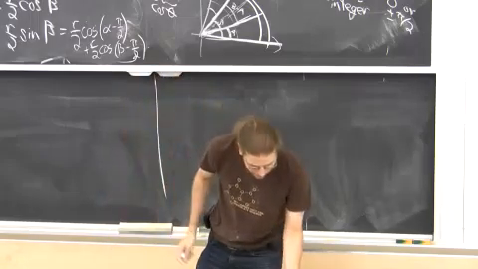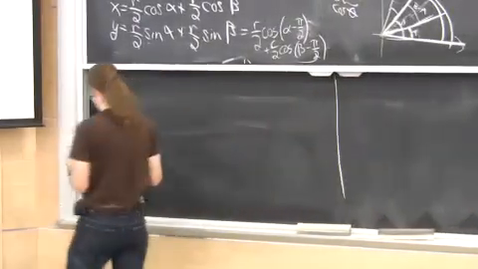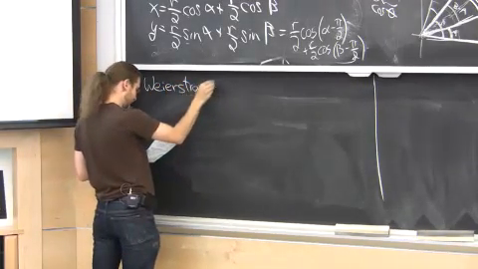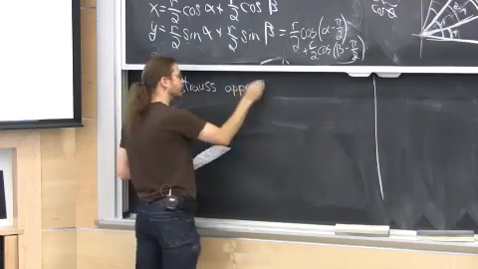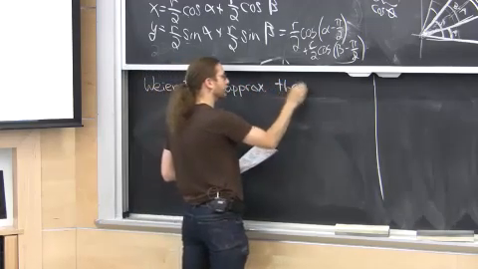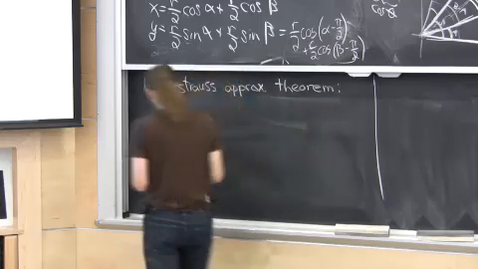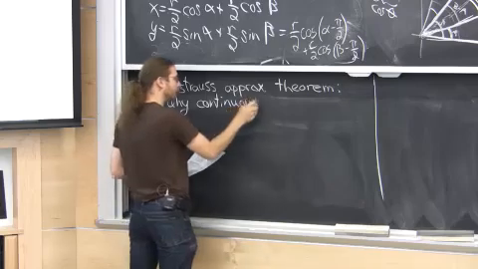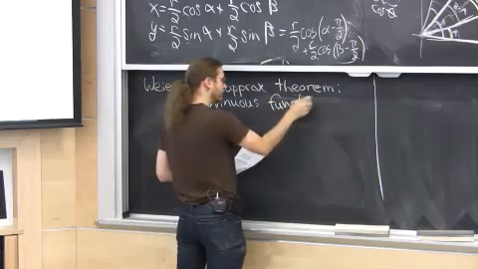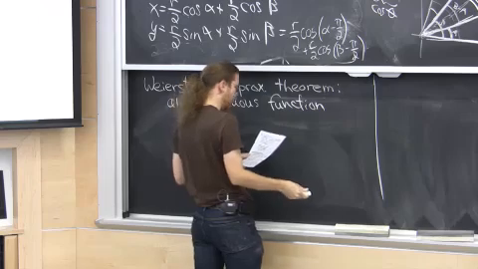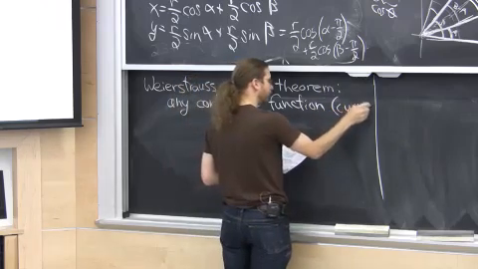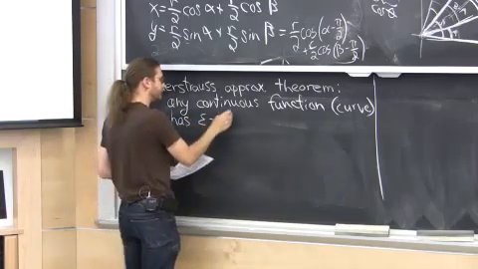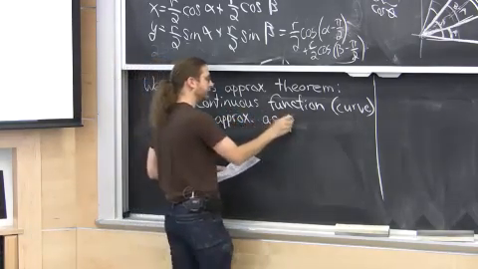Maybe start with the obvious stuff, which is something called the Weierstrass approximation theorem, which says that if you have any continuous function, or I should say, let's think of it as a curve, it has an epsilon approximation as a polynomial.